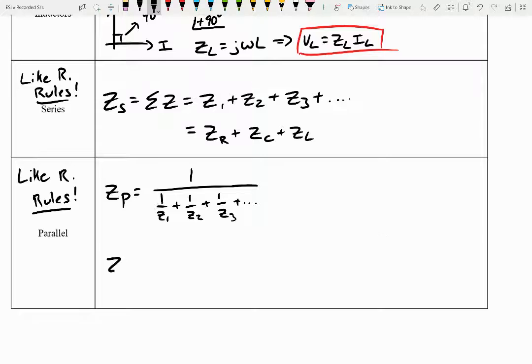And then, of course, if we have two Z's, you can do Z1 times Z2 over Z1 plus Z2. So like we said, it's just all the resistor rules just repeated.